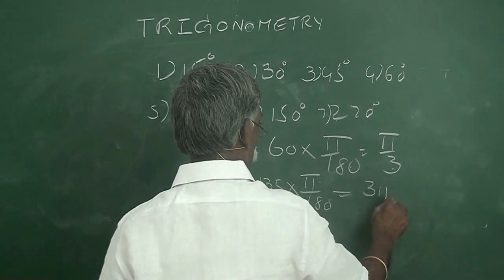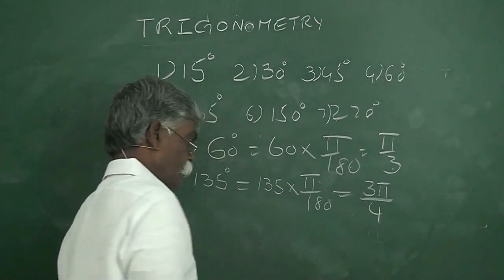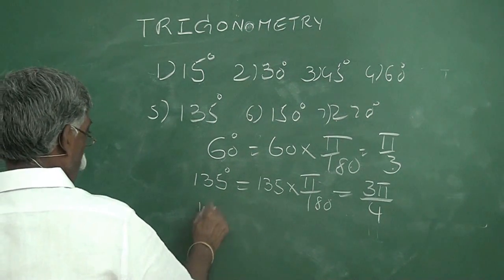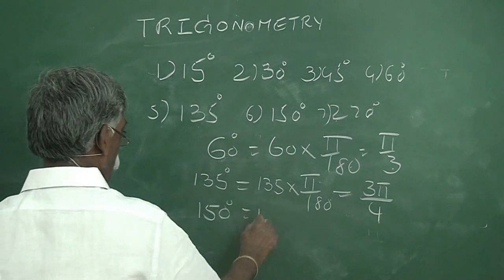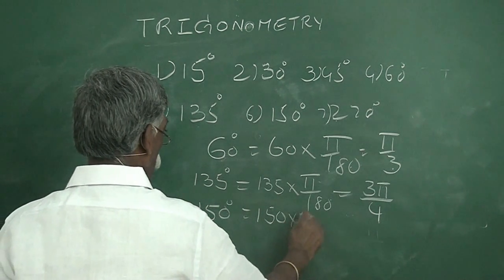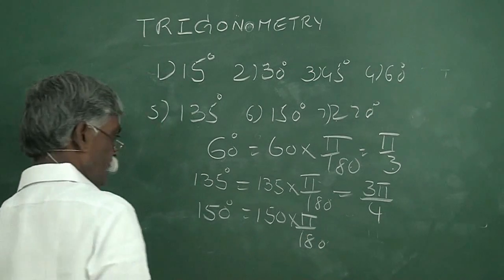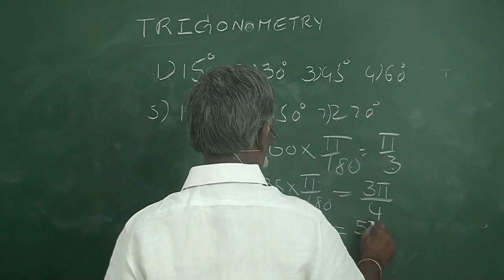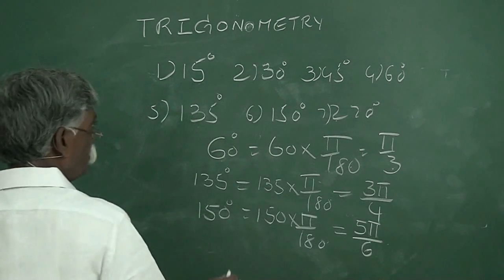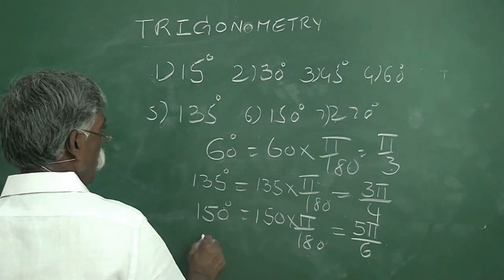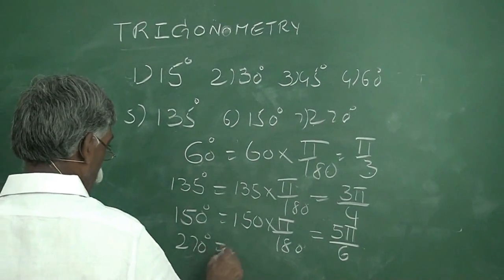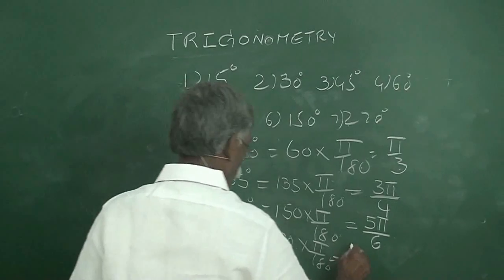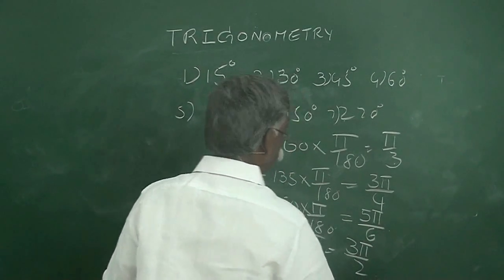This is 3 pi by 4. 150 degrees is 150 into pi by 180. This is 5 pi by 6. 270 degrees is 270 into pi by 180, which is 3 pi by 2.